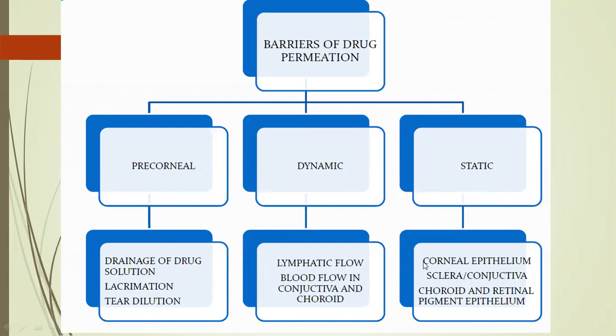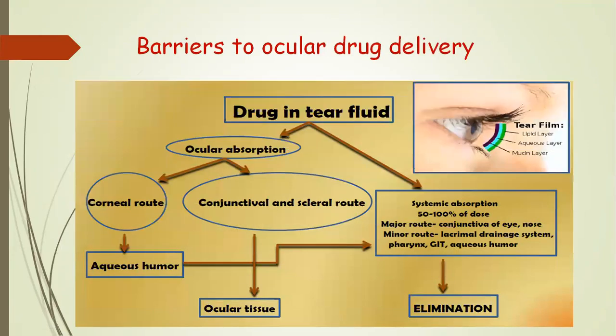Static barrier include corneal epithelium, sclera, choroid and retinal pigment epithelium. So this is the image which shows the barriers to ocular drug delivery.